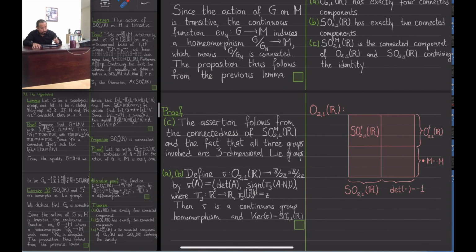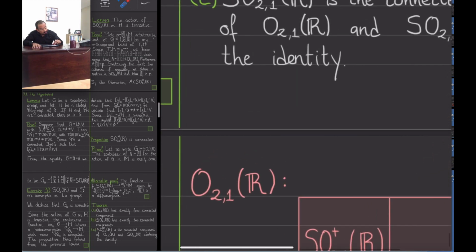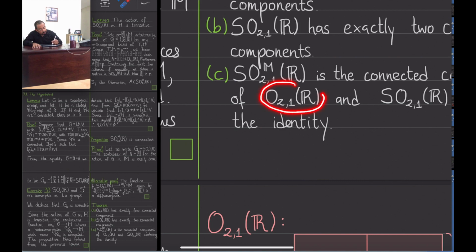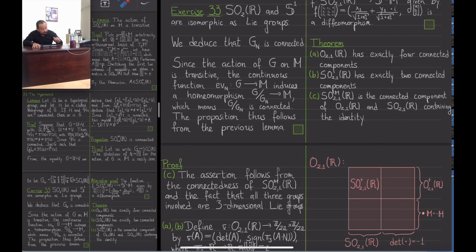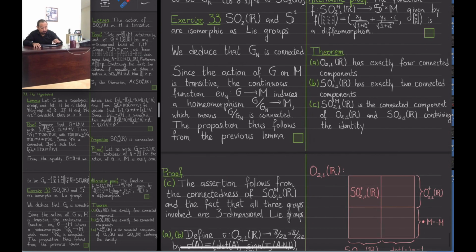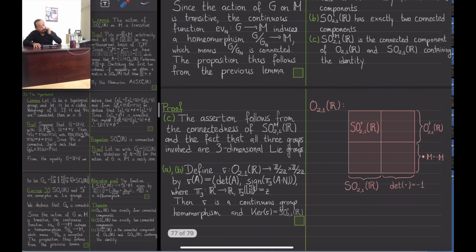So it's a three-dimensional Lie group. But then you check the dimensions of these ones, and they are also three-dimensional Lie groups. So I give you as an exercise to check that the dimension of this one is 3 and that the dimension of this one is 3.